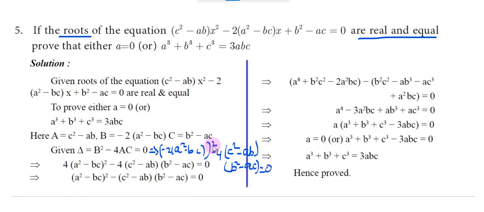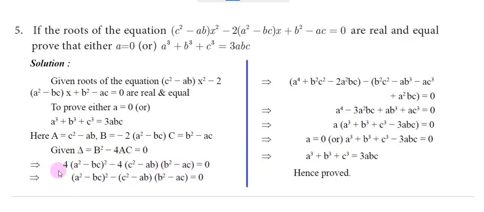So apply the square for −2: minus into minus is plus, 2 twos are 4. So 4(a² − bc)² minus 4(c² − ab)(b² − ac) equal to 0.